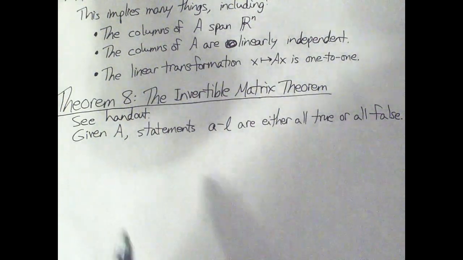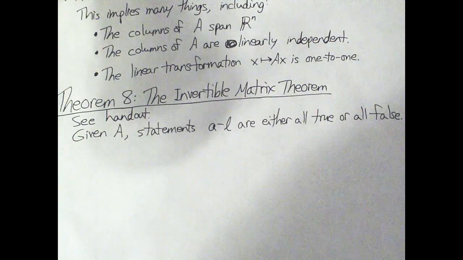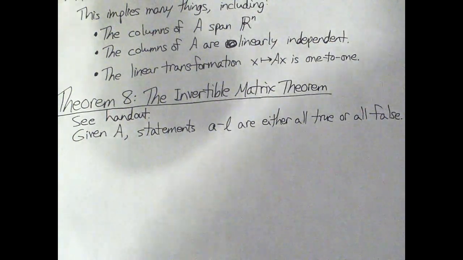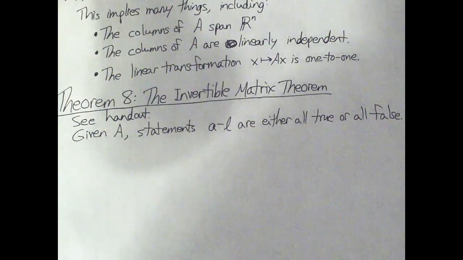A through L, we're going to start going through more letters of the alphabet. We'll see. We're going to go pretty deep into the alphabet, making this a very big list of linear algebra statements that are all logically equivalent. So they're all true at the same time or all false at the same time for a matrix A.